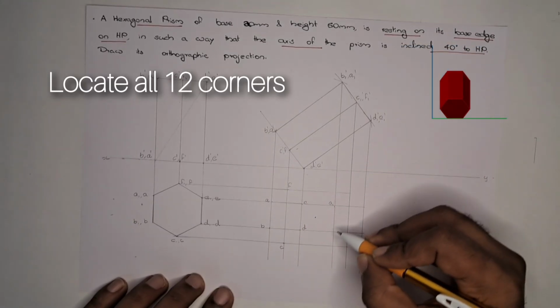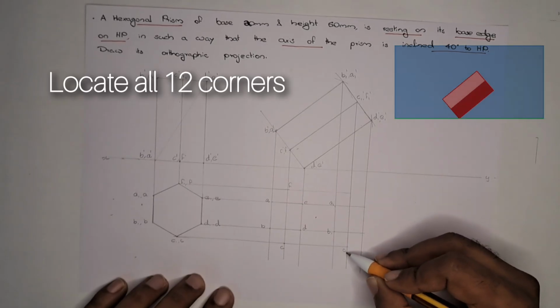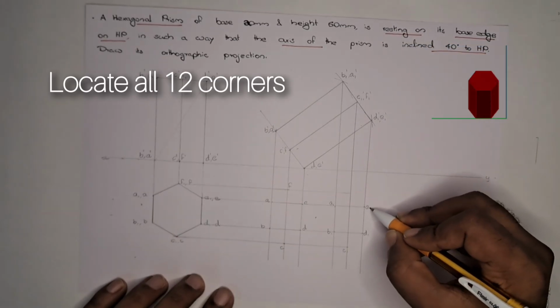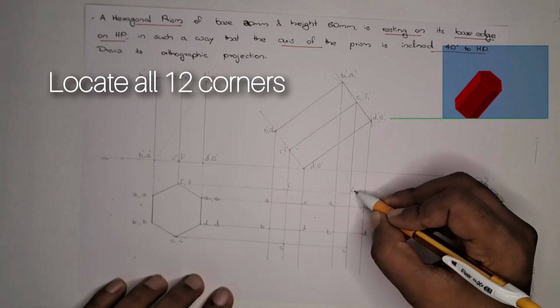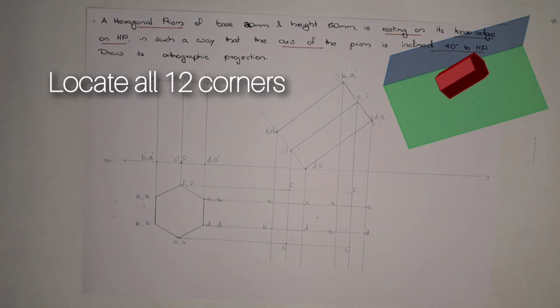So here A1, here B1, C1, D1, E1, F1. So we mark the 12 points.